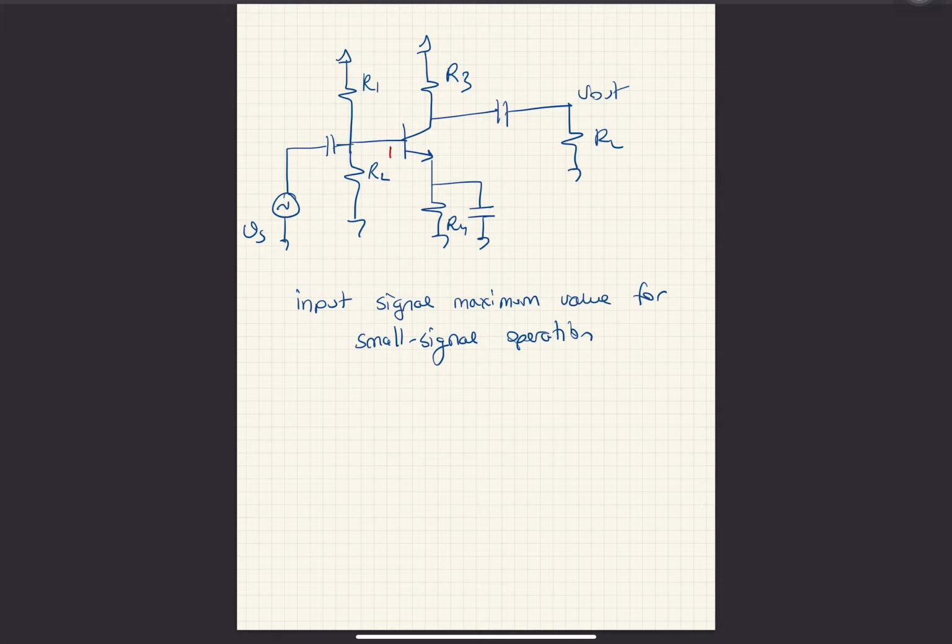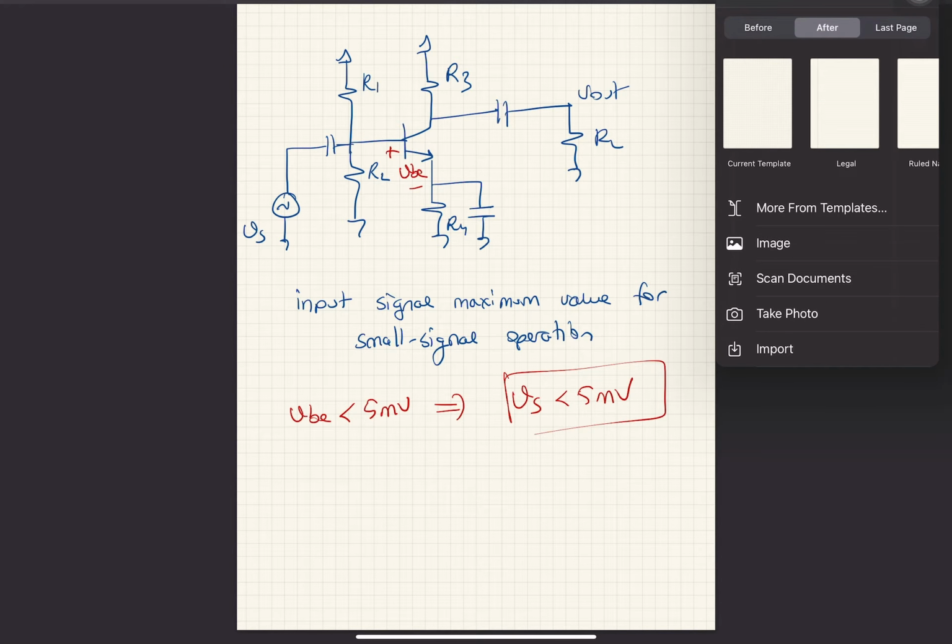I have to check VBE first, of course. This VBE should be less than 5 millivolts. And in here, the emitter is AC-wise grounded. So VBE is equal to, in fact, Vs in here. So from this, I can say that Vs, or the input signal amplitude, should be less than 5 millivolts.